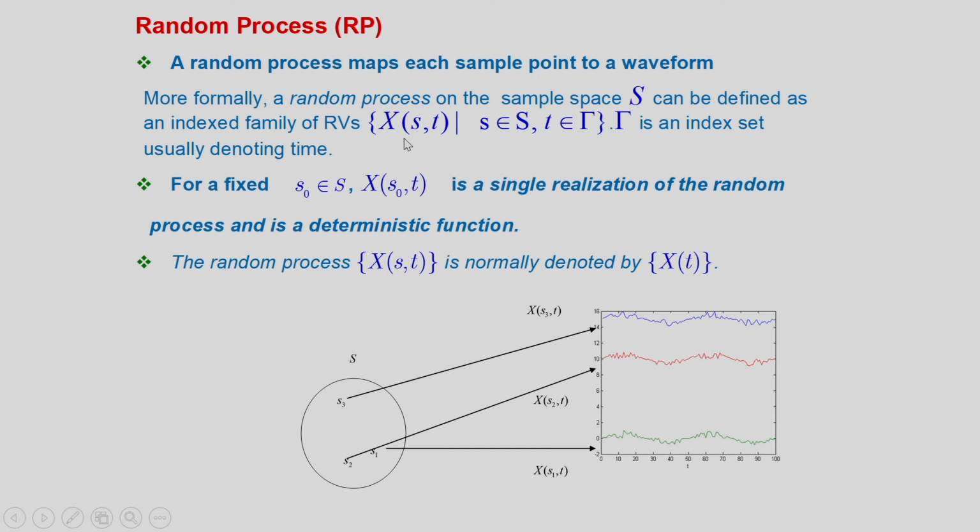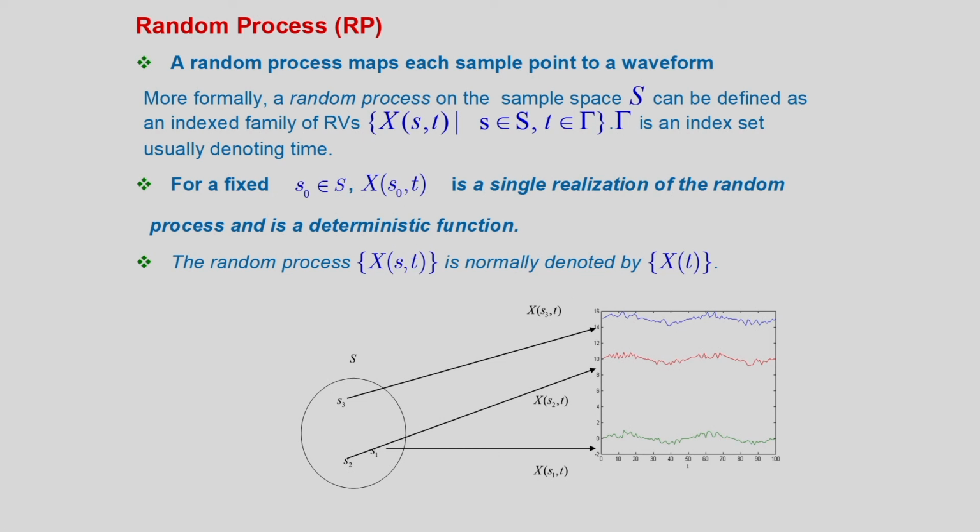Essentially it is a function of both S and t, so it varies with S as well as with t. If we fix the sample point S naught, x(S naught, t) is a realization of the random process, and it is a deterministic function because we are considering only one S naught.